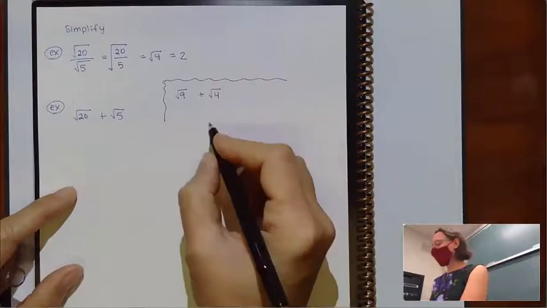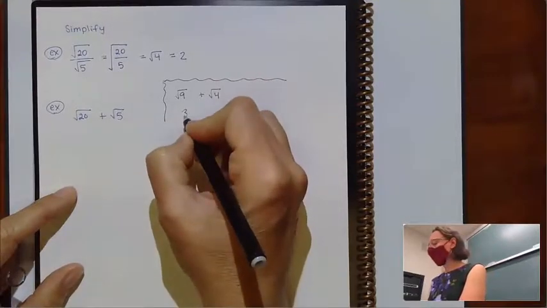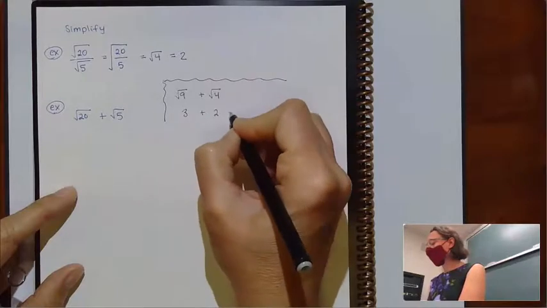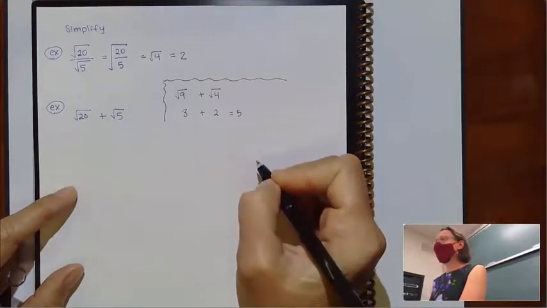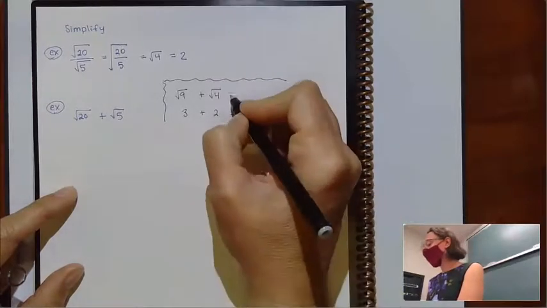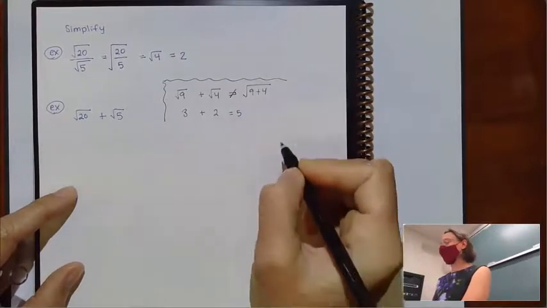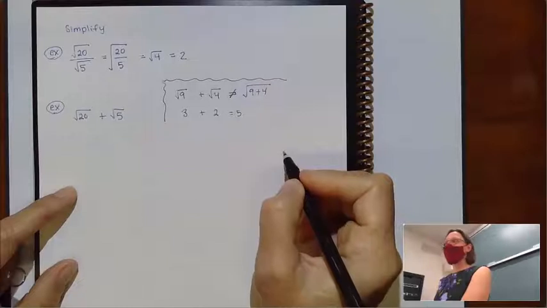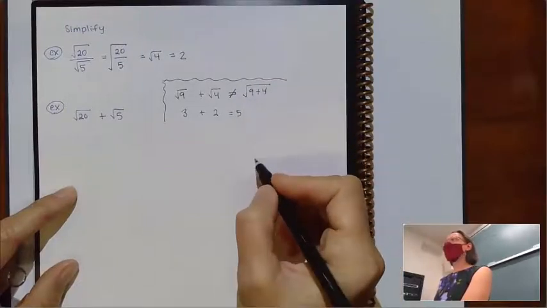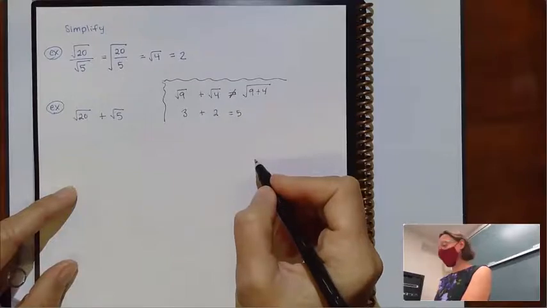What's the square root of 9? What's the square root of 4? And if I add those together, I get 5. That is not the same as sticking the 9 and 4 under the same square root. I don't know what the square root of 13 is, but if I pulled out a calculator, it would not be equal to 5.